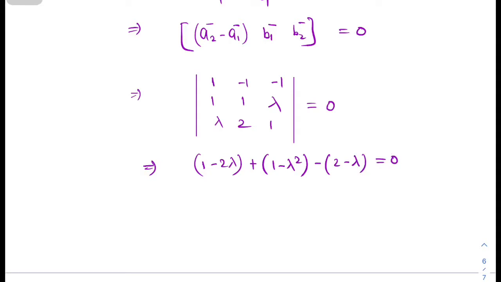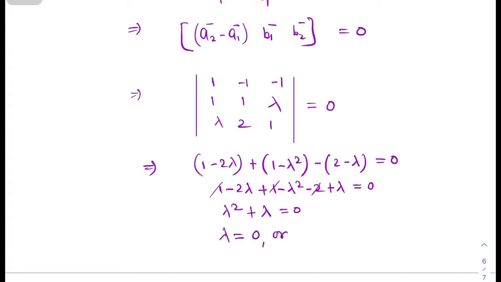So this will be lambda square plus lambda, the constant term gets cancelled out, so lambda comes out to be 0 or minus 1.